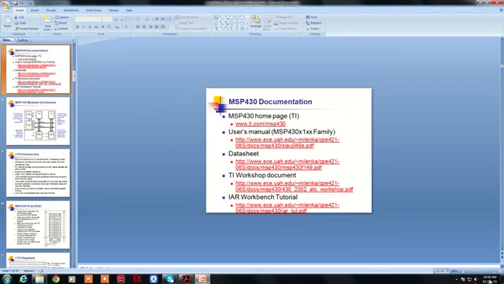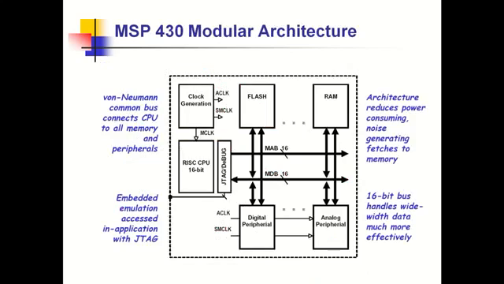MSP430 uses von Neumann architecture. That means whether you interface the program memory or the data memory, in both cases the buses are common. So there is only one address bus and one data bus for interfacing the flash, RAM, and peripherals.